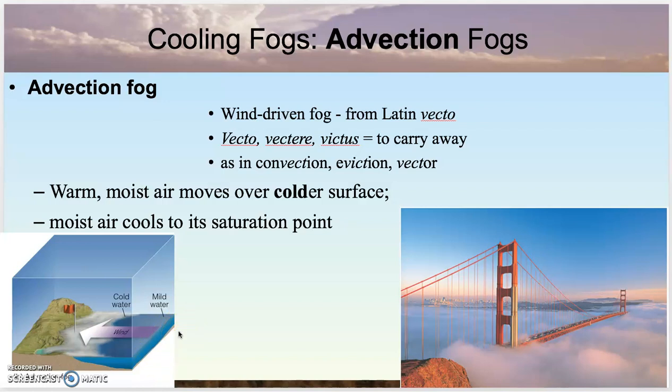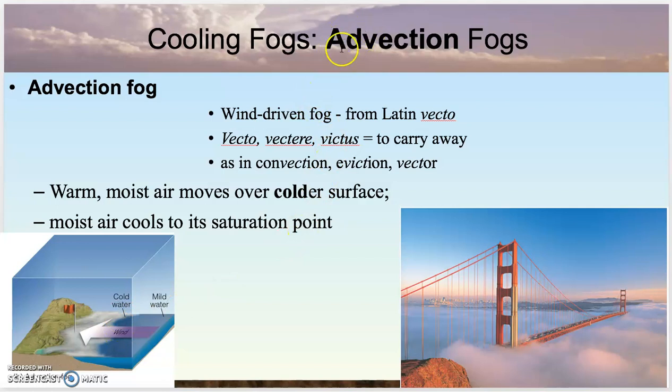But near San Francisco, there is a very cold current, and as that vapor moves over the cold water, it chills. It can meet the saturation vapor pressure, it can meet the dew point, and condense there to form really thick fog.